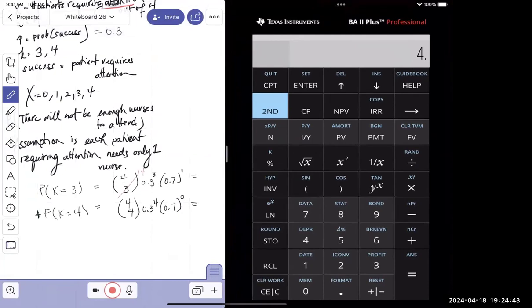I'll start over. 4, second function, NCR, 3, equals, times 0.3 to the power 3 times 0.7 to the power 1, which is just 0.7. So that's the answer for that one.